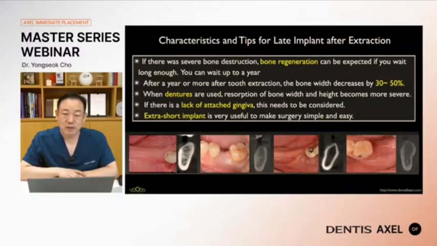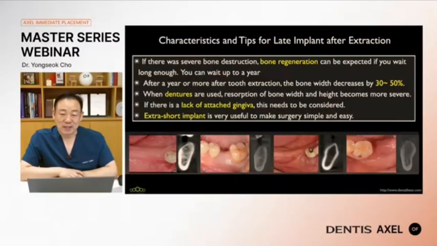If there was severe bone destruction, bone regeneration can be expected if you wait long enough. You can wait up to a year. After a year or more after tooth extraction, the bone width decreased by 30 to 50%.